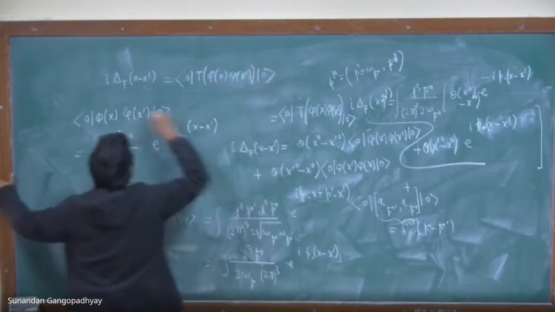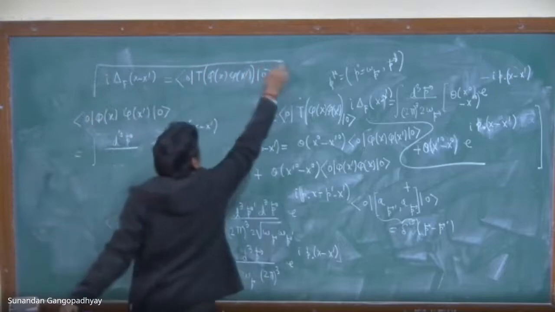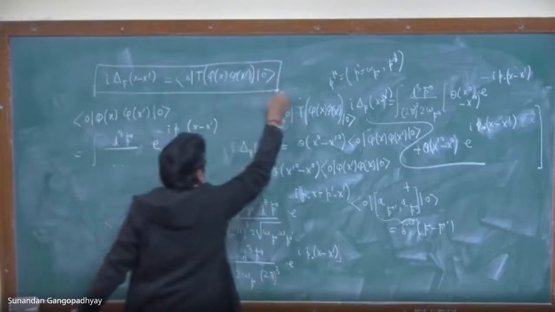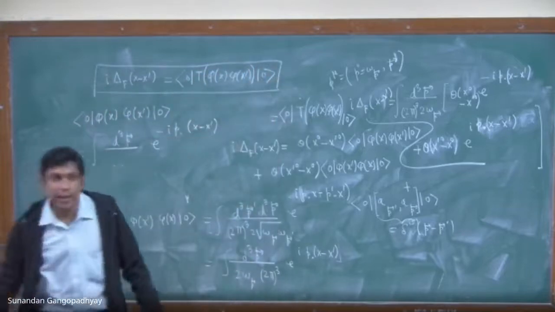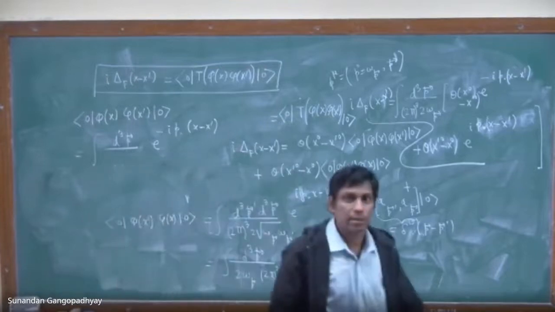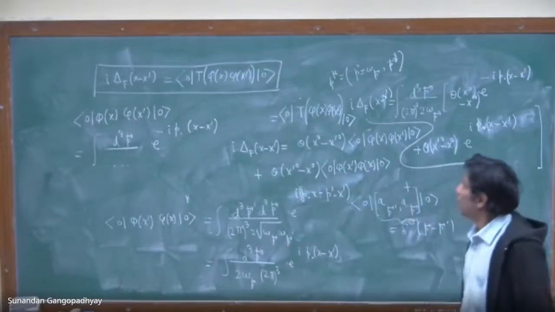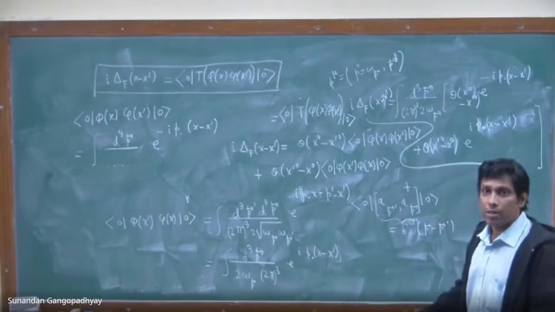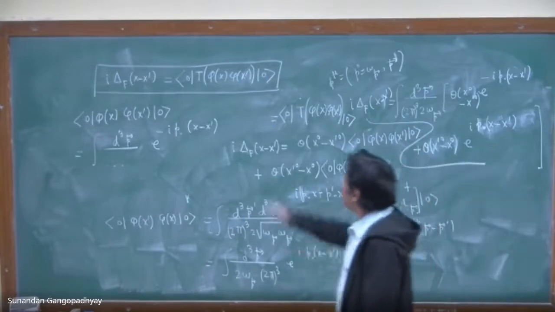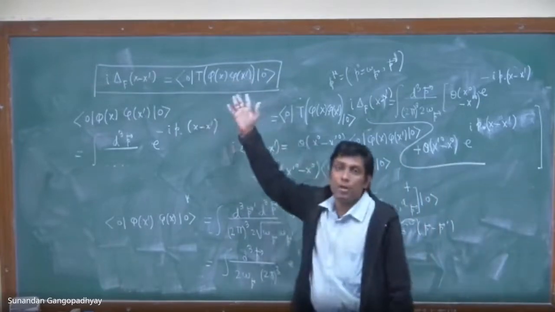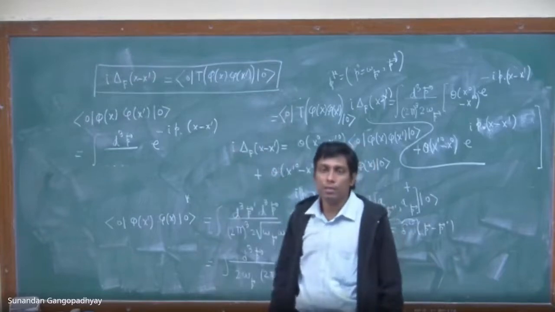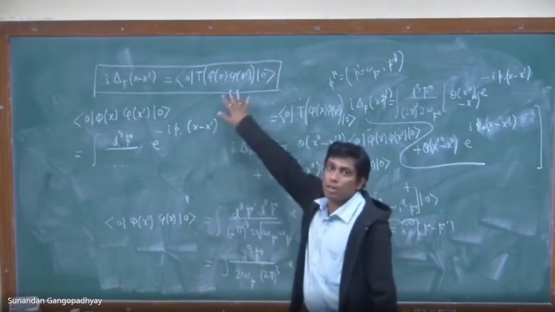So this vacuum expectation value of the time-ordered product of two field operators is equal to the Feynman propagator, the 2-point Feynman Green's function. This is one of the important results that you can already derive by considering free field theories.